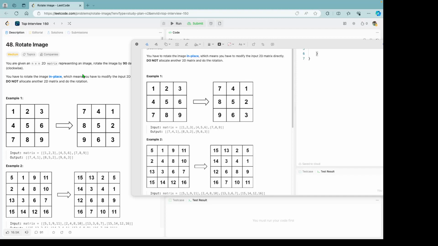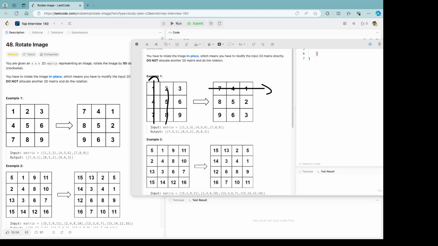The most straightforward, simple way to solve it: theoretically, what we are trying to achieve is that a column from the bottom to up should come up as a row from the start to the end.